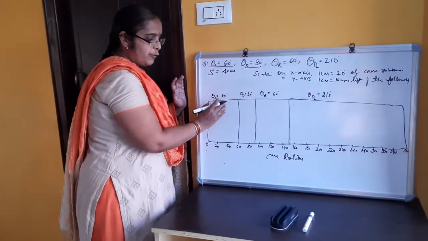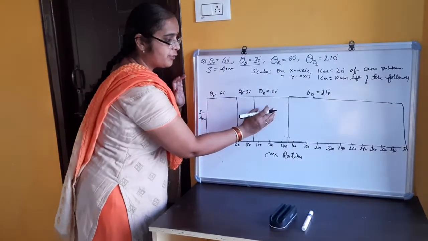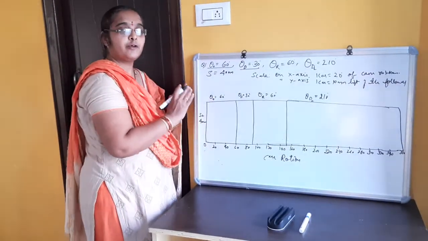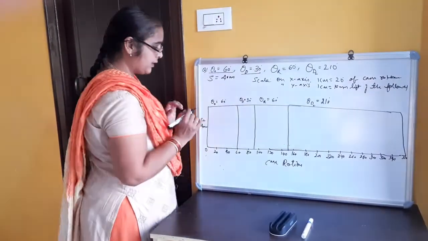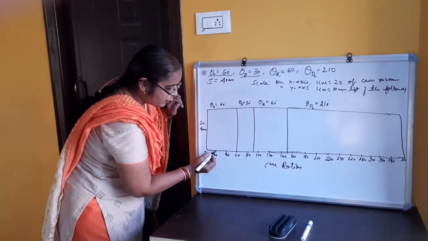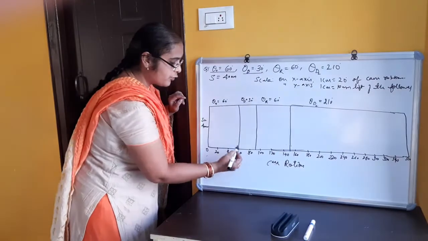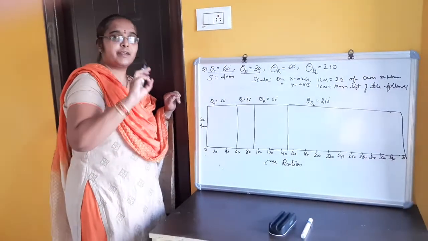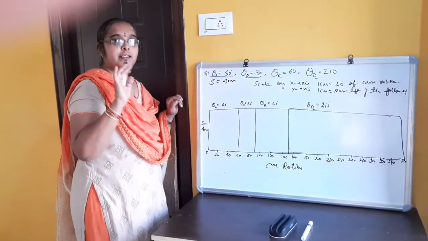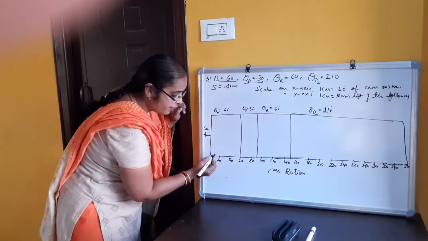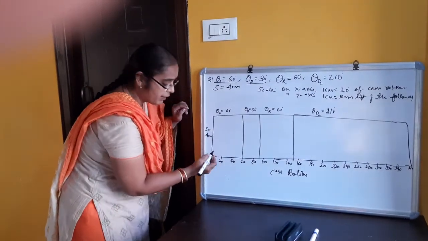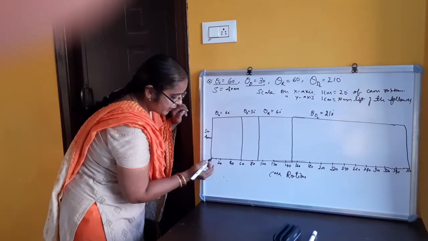Now this outstroke region and return stroke region should be divided into 6 equal parts. You can observe here 0 to 20 is 1 centimeter, 0 to 40 is 2 centimeters, 0 to 60 it is 3 centimeters. These 3 centimeters I should divide into 6 equal parts. So for every half centimeter or every 5 mm you can take a point.